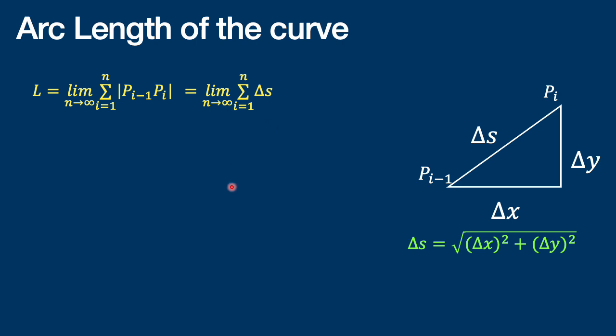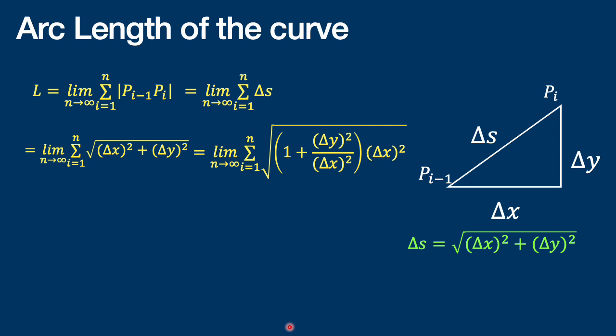For the length of the arc, we have the limit of the summation of the square root of delta x squared plus delta y squared. Now, I'm going to factor out delta x squared. Now we have the limit of the summation of the square root of 1 plus delta y squared over delta x squared, times delta x squared. The square root of delta x squared is delta x, and delta y squared over delta x squared put together is delta y over delta x squared.